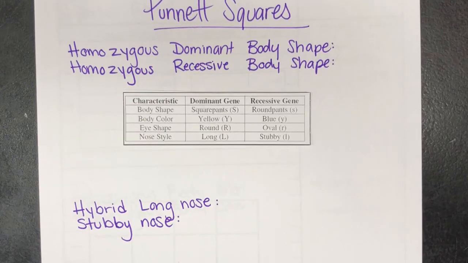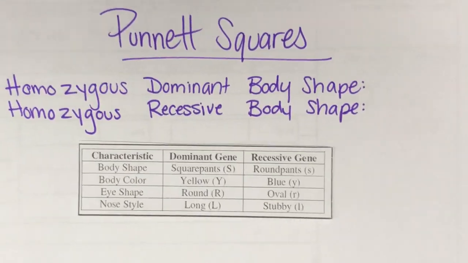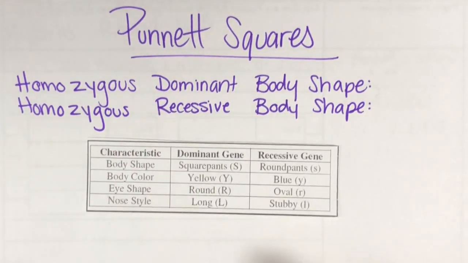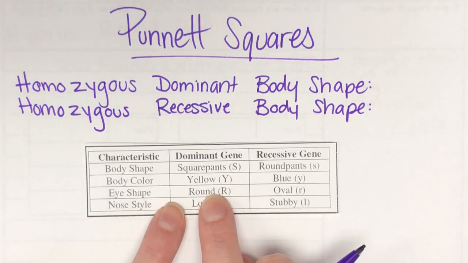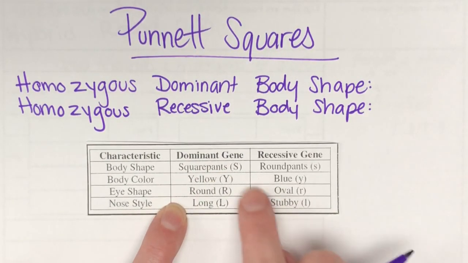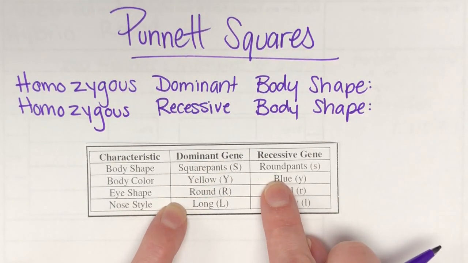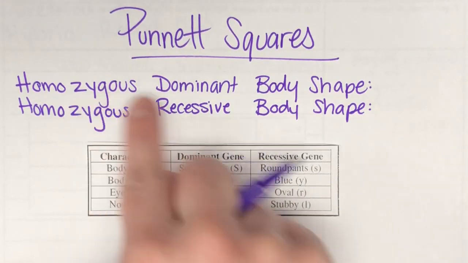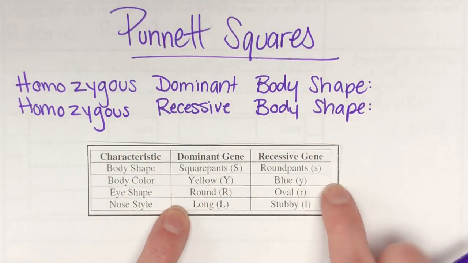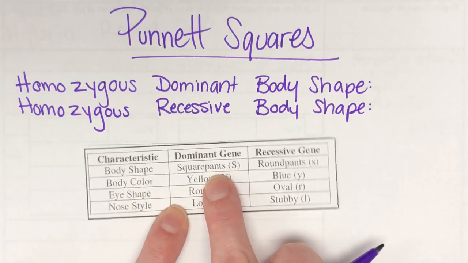So I'm going to be using these SpongeBob genetics genotypes and phenotypes for these examples. So homozygous dominant body shape. So we're going to go to body shape, square pants.